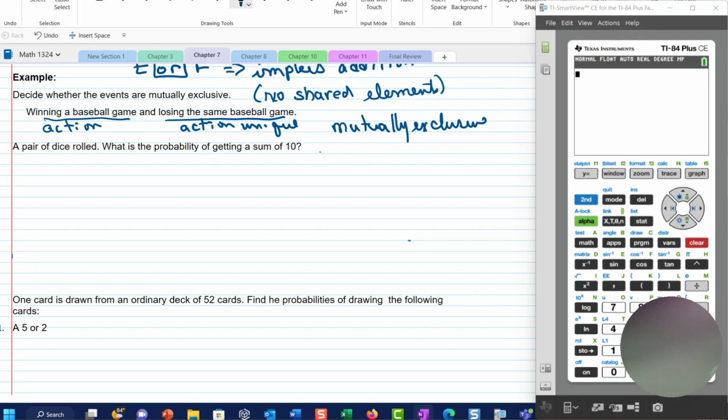All righty. Now we're going to talk about building a sample space. We're going to look at a pair of dice, dice meaning plural, die meaning singular, rolled. What is the probability of getting a sum of 10? Well, we know we can roll one die and get a 1, and the other die and get a 1.